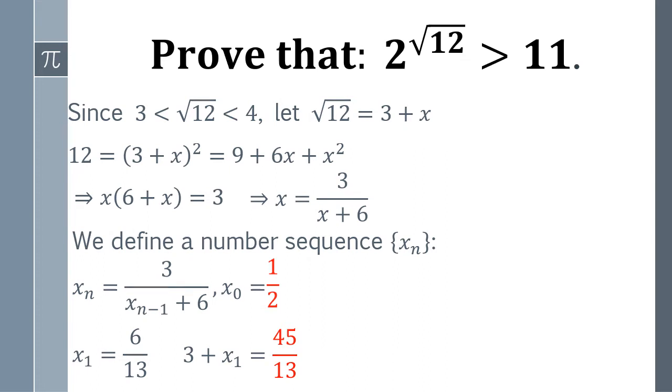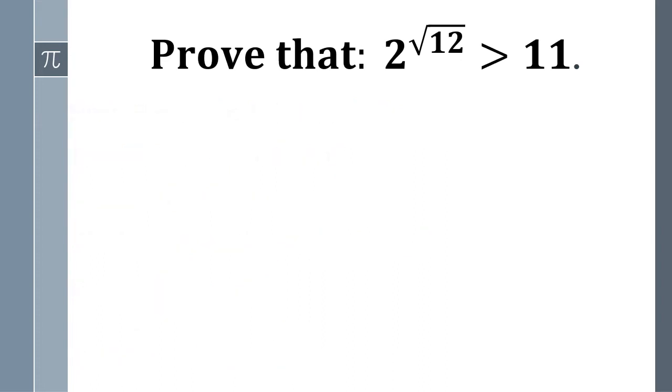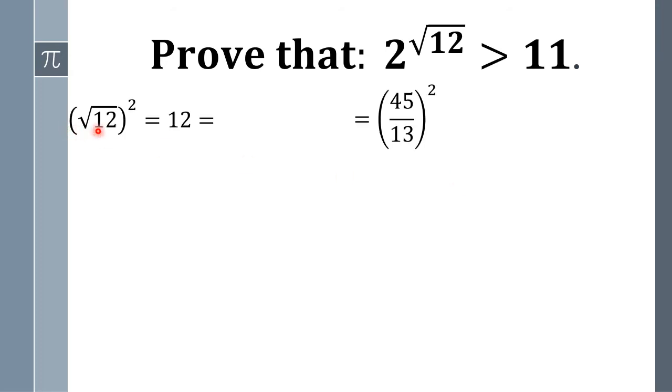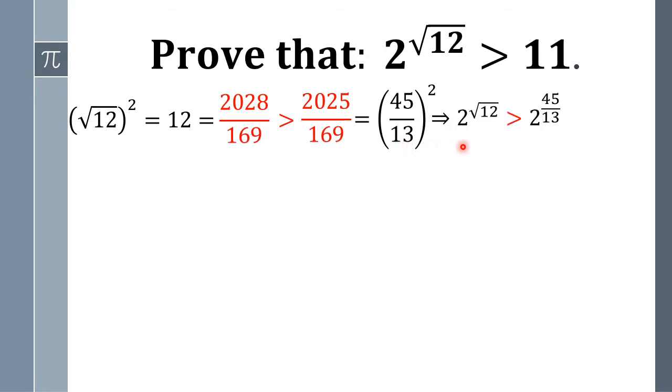But before we go further, we have to determine which one is larger, square root of 12 or 45 over 13. To do so, we just need to compare their squares, and we will find out. Square root of 12 is larger than 45 over 13, which means 2 to the power of square root of 12 is larger than 2 to the power of 45 over 13.